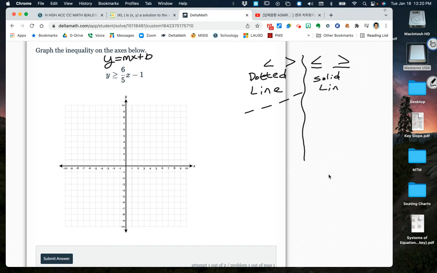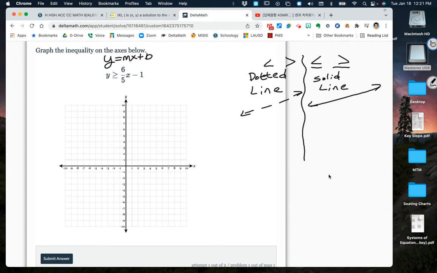And that's going to mean the line itself is part of the solution. Okay? So same as before, open point meant that number was not part of the solution. Here, a dashed or dotted line means that line is not part of the solution. Any point on the line is not part of the solution. Things on either side will be, but not the line itself.